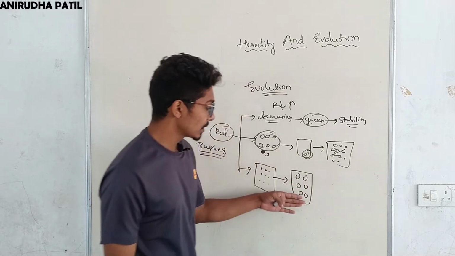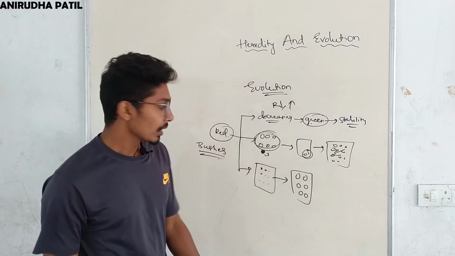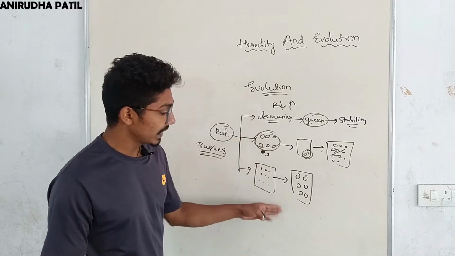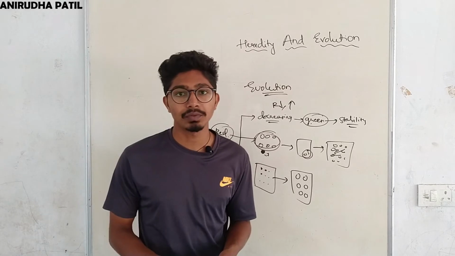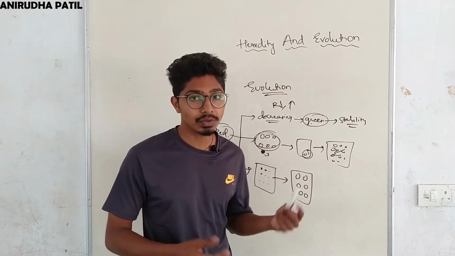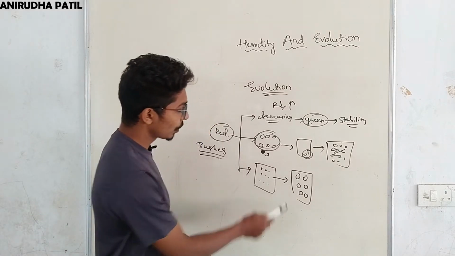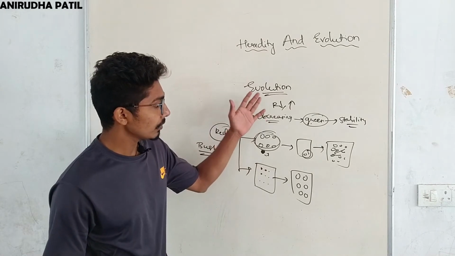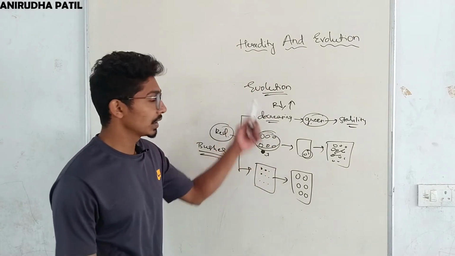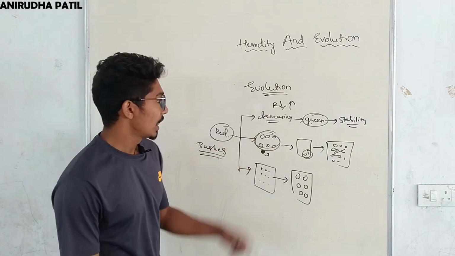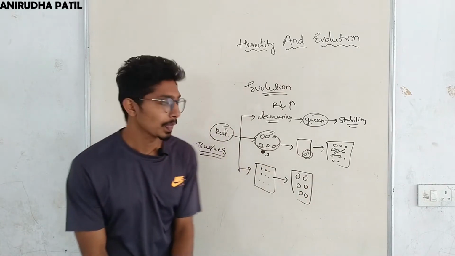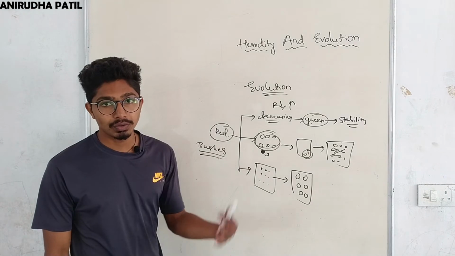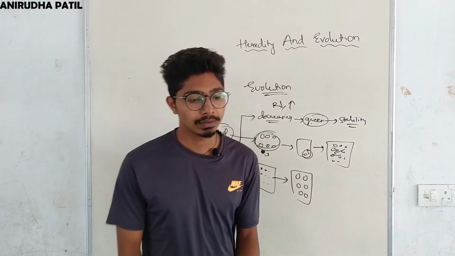That means the beetles are bigger than this one. So in this way, evolution takes place over generations, depending upon the needs of the environment and their own needs, they take variations and adapt according to nature. Okay, and in this way, evolution takes place for the betterment of these beetles and also of us human beings.